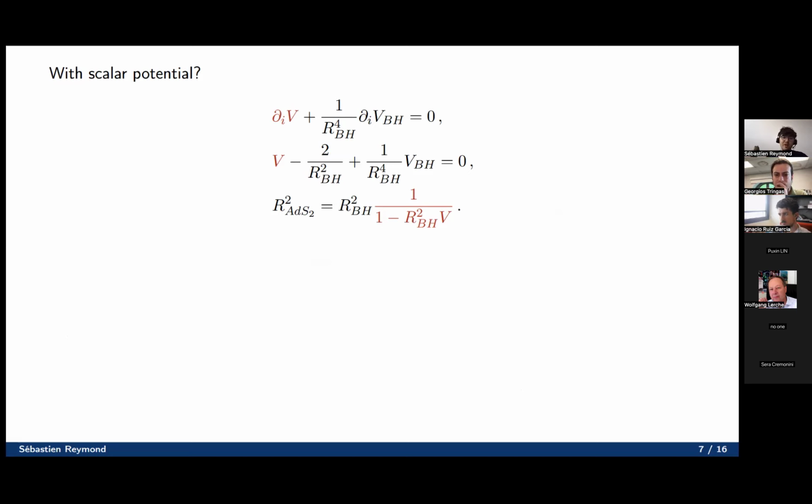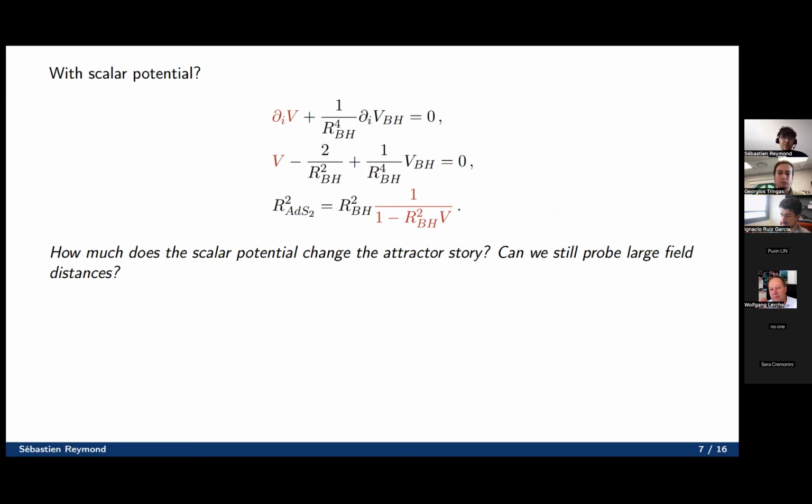So determining the value of the scalar in the AdS2 cross S2 vacuum will be a bit more non-trivial than before. The second and third equations tell you how the black hole size and the AdS2 size are related to the scalar potential and the black hole potential. Very good, but so the question now is, how much does the scalar potential change the attractor story? And can we still probe large field distances?